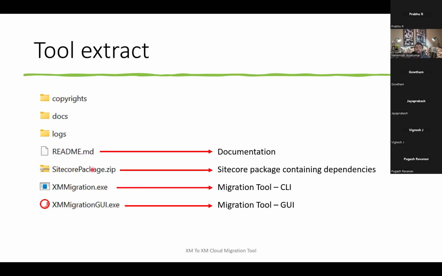Unfortunately, this particular tool's documentation is available only as part of the tool. For some reason, Sitecore did not create it as part of their documentation website. So if you want to go through the documentation, you have to download the archive and extract it, and then your documentation will be there.